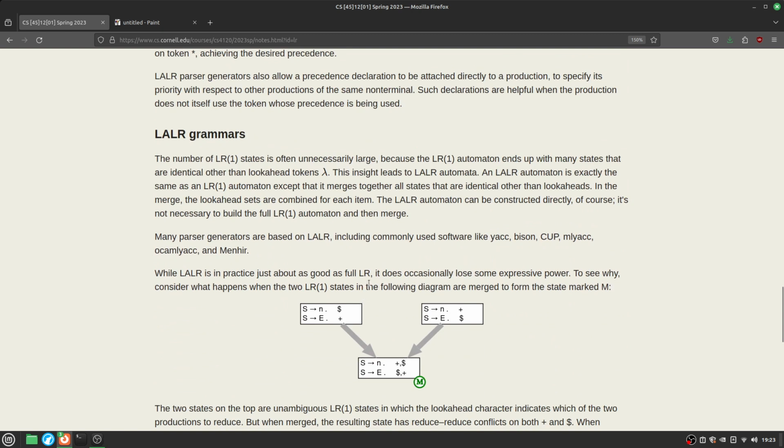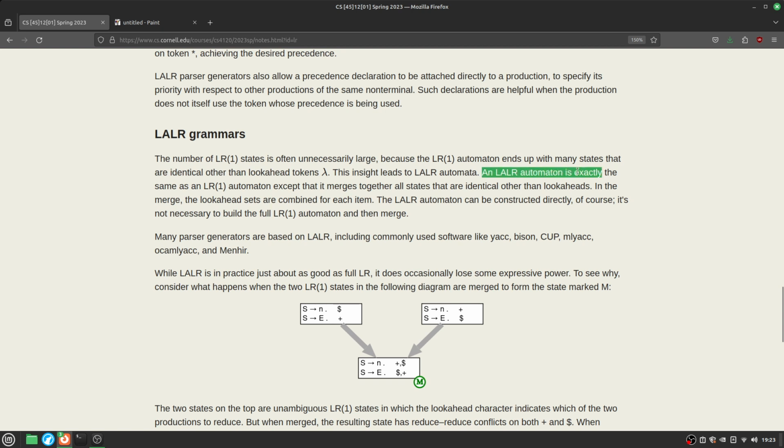LALR grammars. The number of LR1 states is often unnecessarily large because the LR1 automaton ends up with many states that are identical other than look-ahead tokens. This insight leads to LALR automata.